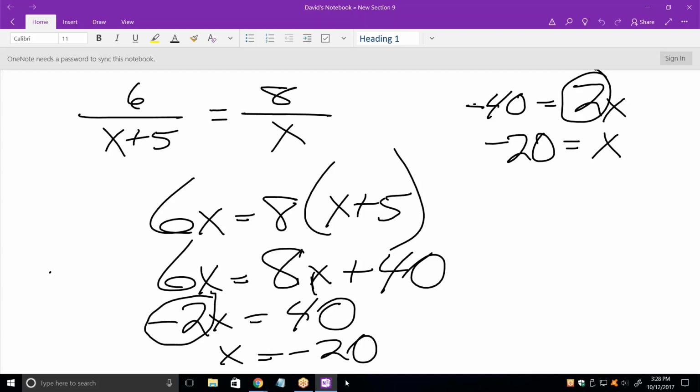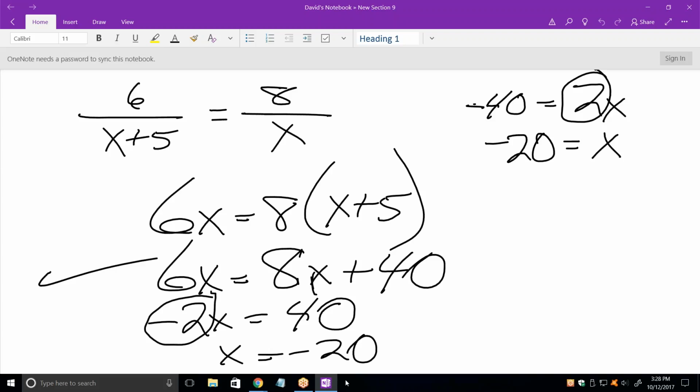That's always the decision that I use as to which side to move the variable to. In other words, when you're solving an equation like that, the very first decision you have to make is which side do I put my x's on, which side do I put my numbers on? Make that decision based on what the coefficient of the x term will be. If I move the 6x to the right, it's going to be positive. If I move the 8x to the left, it's going to be negative.